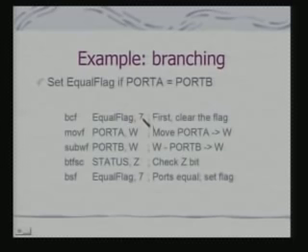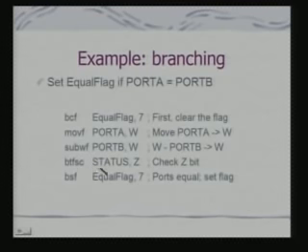I am calling that bit in that register the equal flag bit, and I am clearing it. Then we are moving the data content of port A to W, the content of port B is now subtracted from W, and the result is stored in W itself.